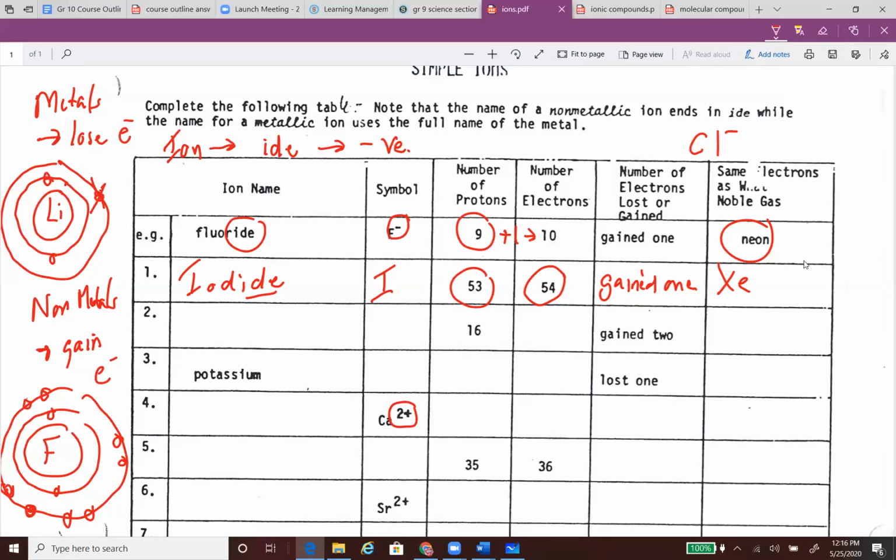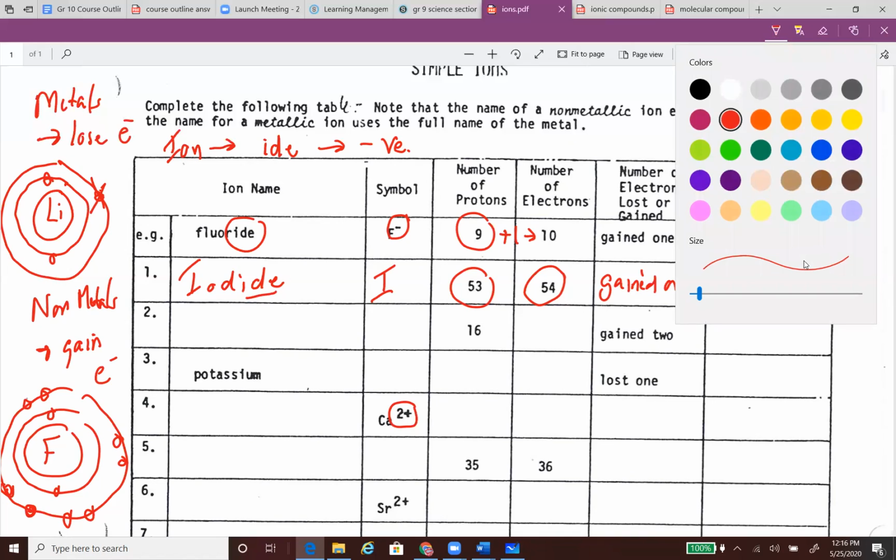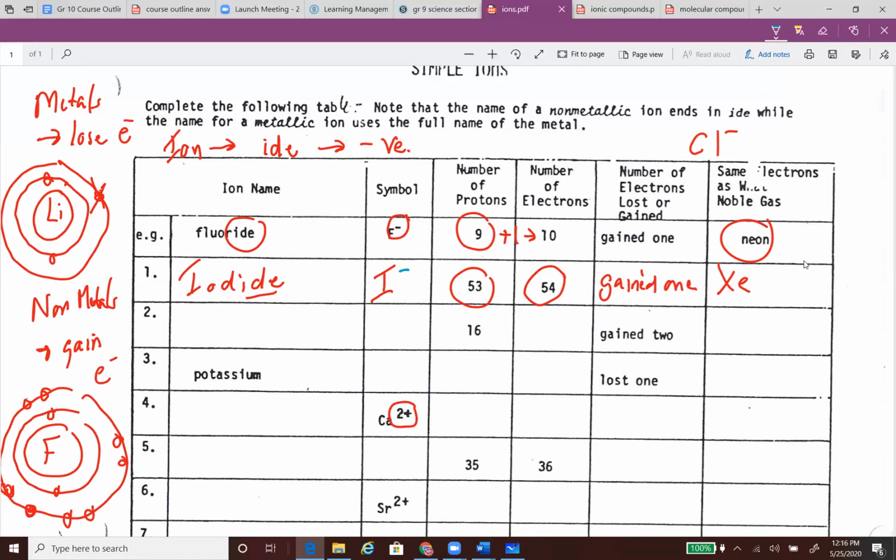So this has got 16 protons, so obviously it's element number 16. Oh, sorry, I forgot to put the symbol. So if iodine gained an electron, then its charge would be negative. Now we don't put the 1, because you don't need to put the 1. Okay, now everything is complete. Let's look at number 2 now.